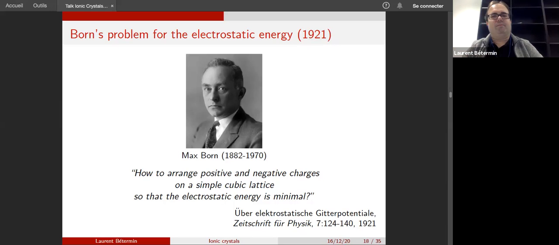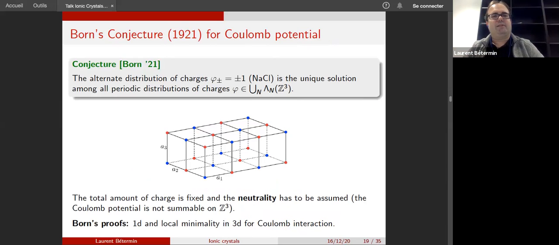Basically, what Born conjectured for the Coulomb potential, since the electrostatic interaction is Coulomb, is that the alternation of charges plus and minus 1, the one corresponding to the rock salt structure, is the unique solution among all the periodic distributions of charge, meaning among all these charges as I've defined before, and all the possible values of n of the periodicity.